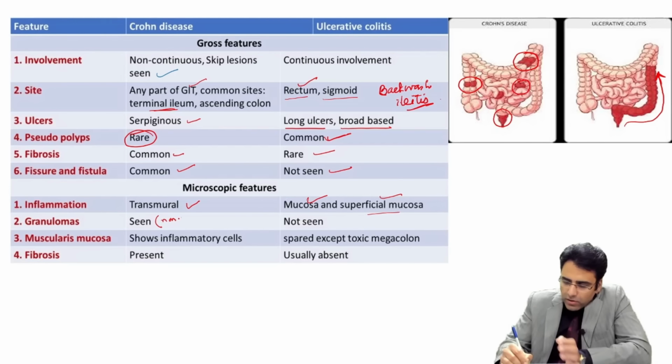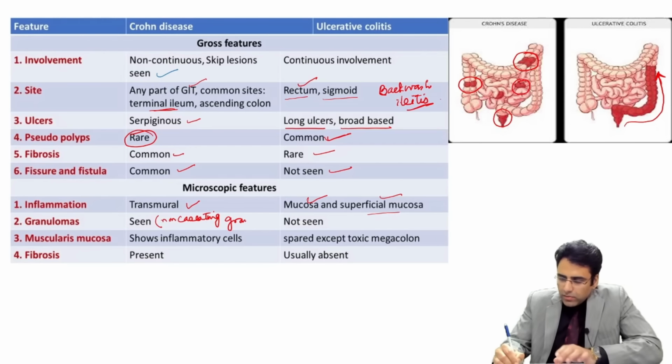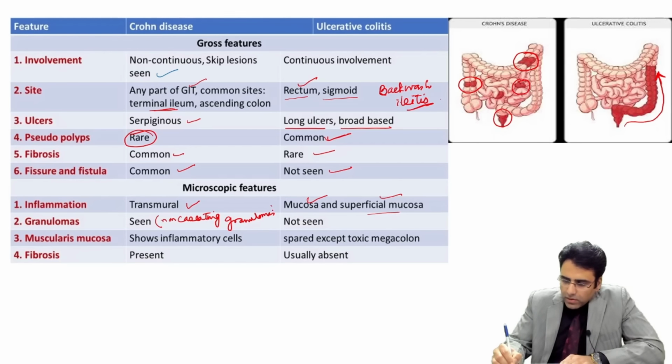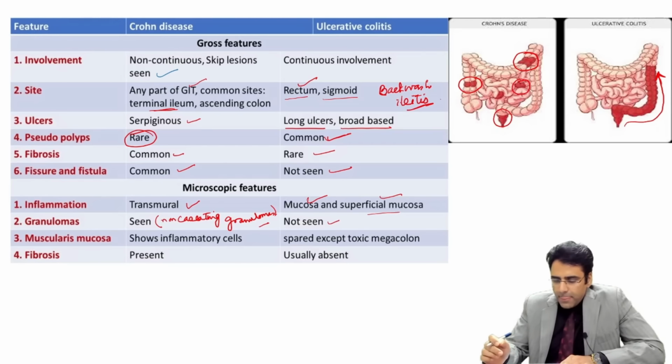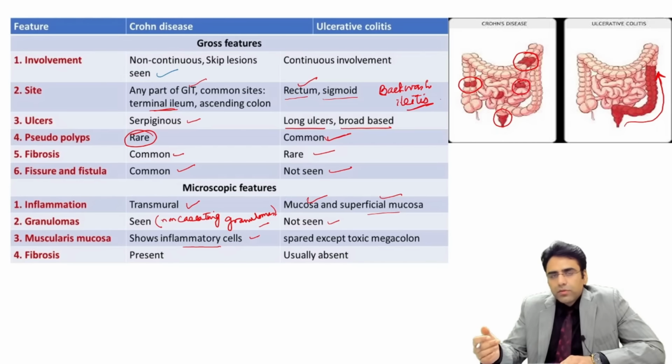These are non-caseating granulomas, a feature of Crohn's disease, whereas granulomas are not seen in ulcerative colitis. On microscopy, the muscularis propria shows inflammatory cells in Crohn's disease, whereas the muscularis mucosa is spared in ulcerative colitis. It only involves the mucosa and submucosa.